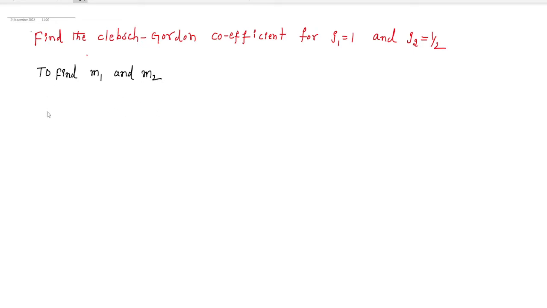So let us take first j1 equal to 1, which is given. Once we know j1, we can easily find the m1 value. m1 is equal to 2j1 plus 1. This is the formula. Then substitute j1 here: 2 into 1 plus 1.